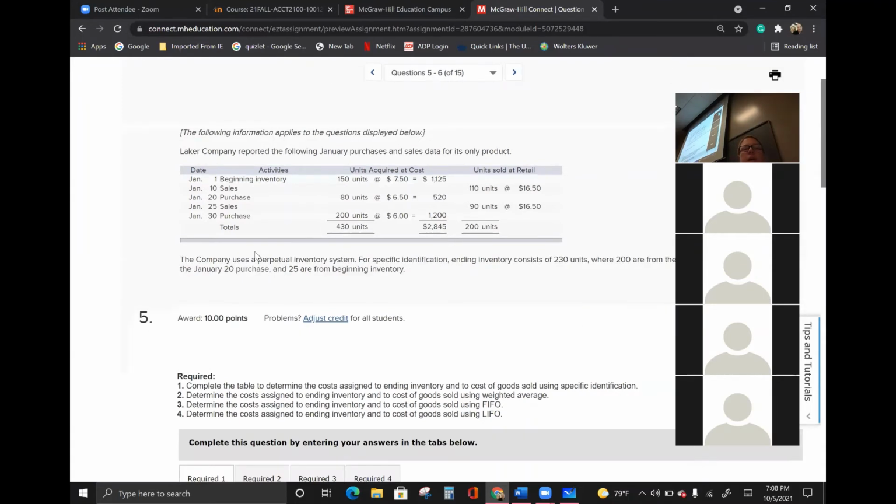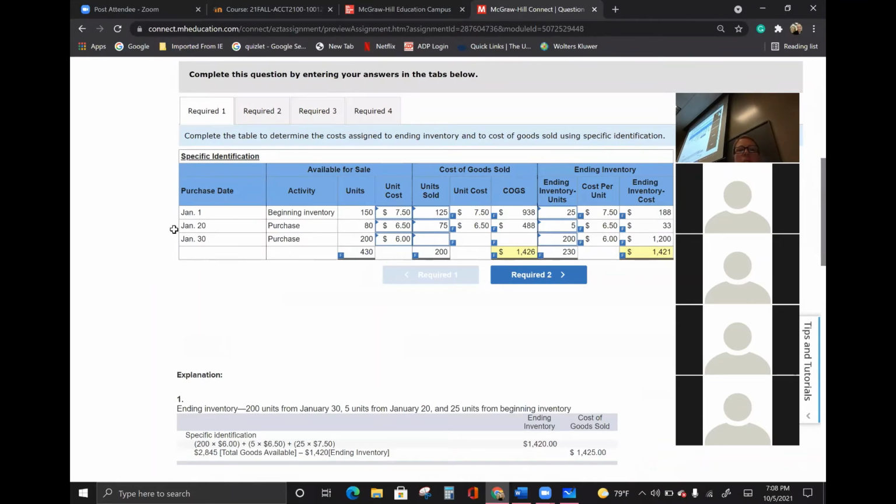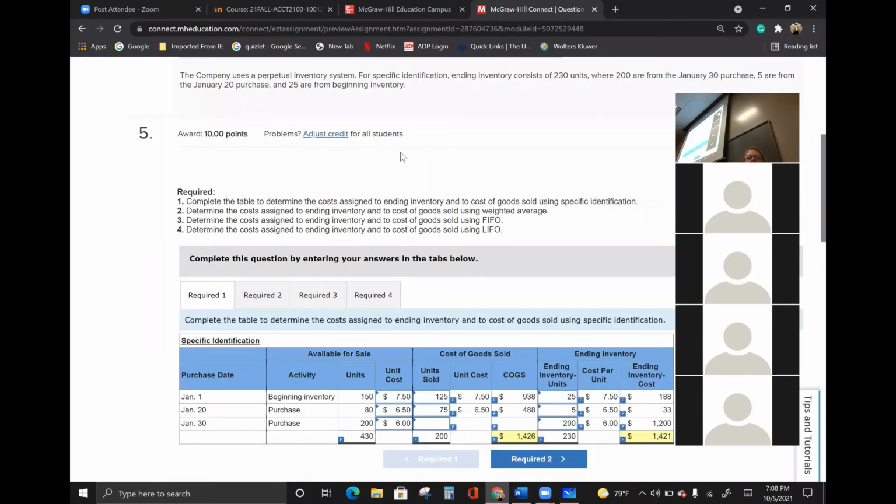Okay, we have the same setup. It says the company uses perpetual. So now we're going to do the same thing. It should have the same tables, but we're going to use perpetual instead of periodic. So what does perpetual mean?